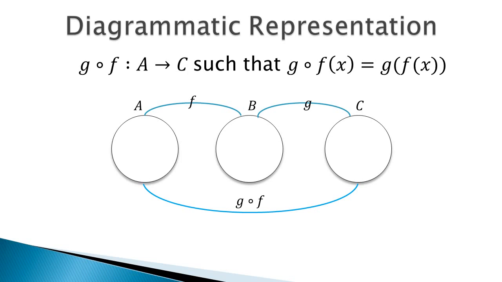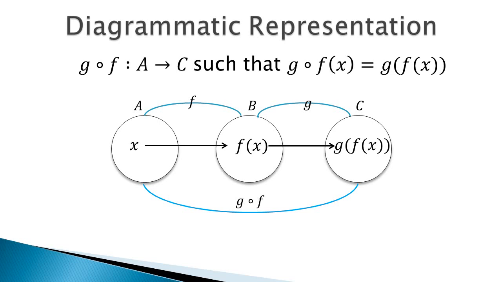You can see this by considering an element x from the set A. Since f is a function and x is in the domain of f, that means x has an image under the function f, and that can be written as f of x. And since f of x is in the set B, which is the domain of the function g, therefore f of x must have an image under the function g, which is written like this, g of f of x.